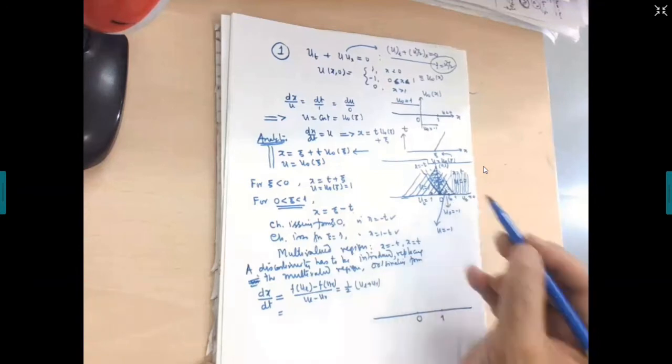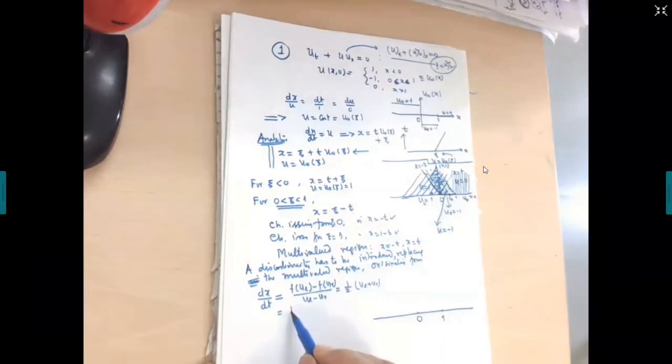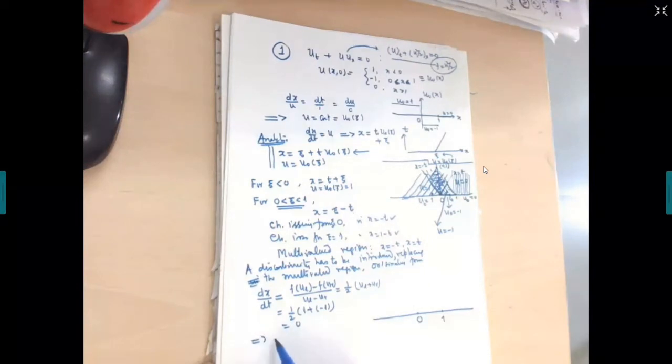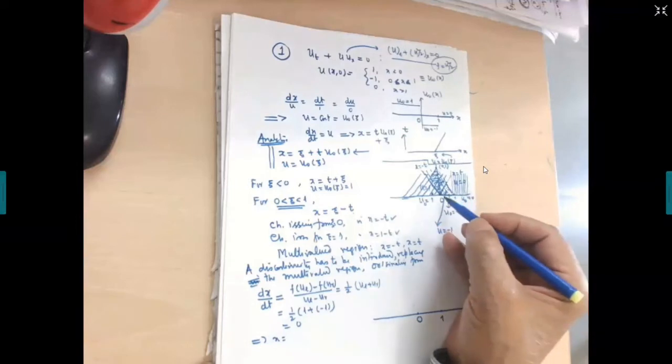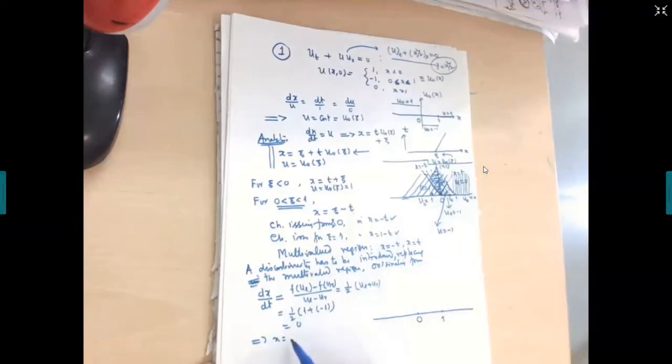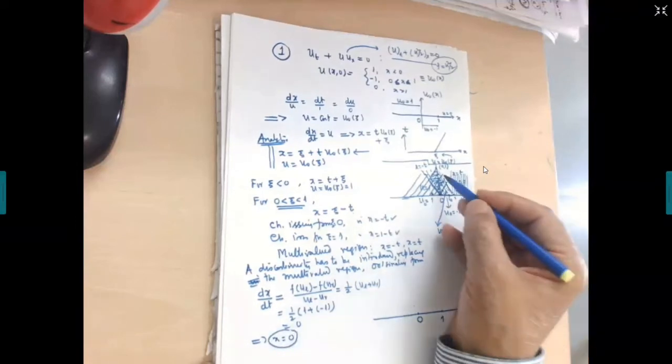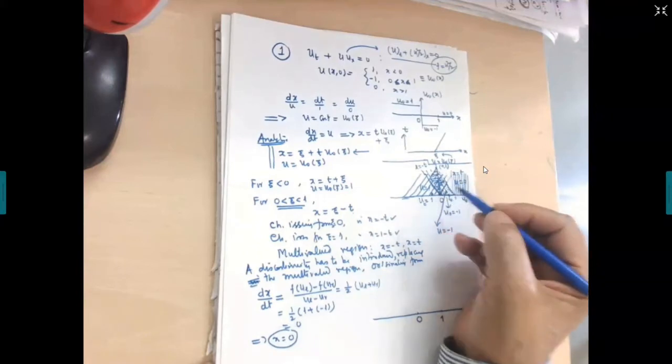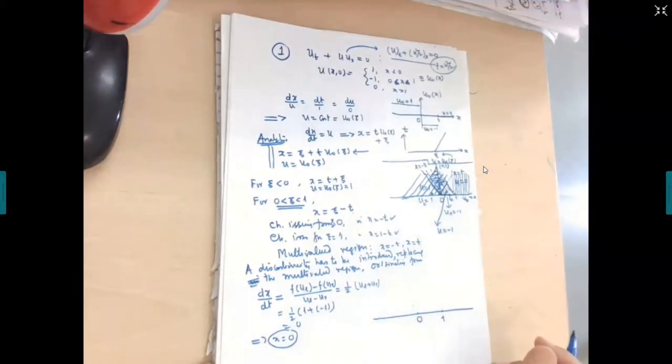So it is half of 1 plus minus 1, that is 0. It means x is equal to some constant, and since it originates from (0, 0), x is equal to 0 is the discontinuity. So this is a discontinuity here.